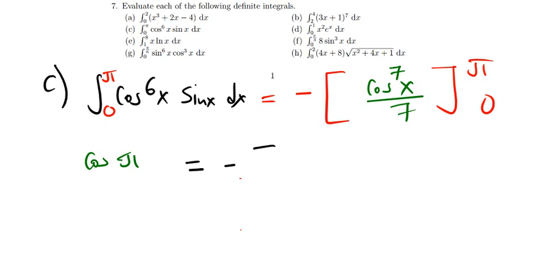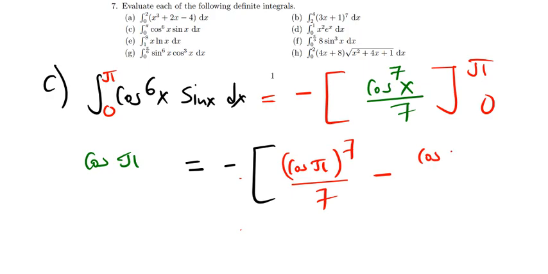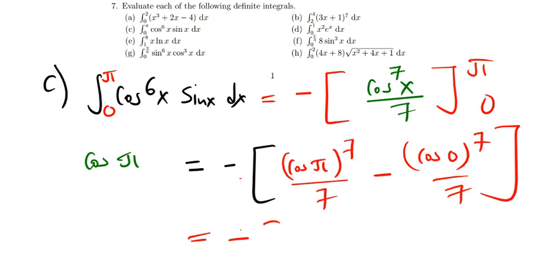For the first one, you're going to say that's the cosine of pi to the power 7 over 7 minus cosine of 0 to the power 7 over 7. For the first one, this is -1 to the power 7, which is just going to be -1 over 7. Then the other one will be positive, so it should just be -1 over 7.